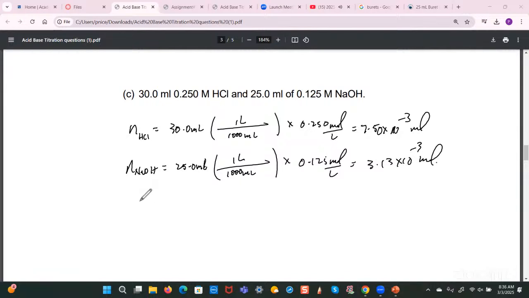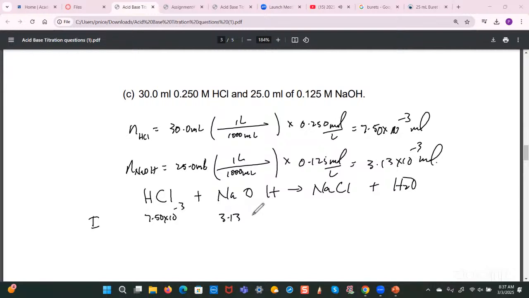What's the next step? Okay, so we set up our ICE table, right? In the ice table, initially we're going to have 7.50 times 10 to the minus 3 for the acid, and for the base it's 3.13 times 10 to the minus 3. No sodium chloride, and don't worry about the water. And then the change would be what?